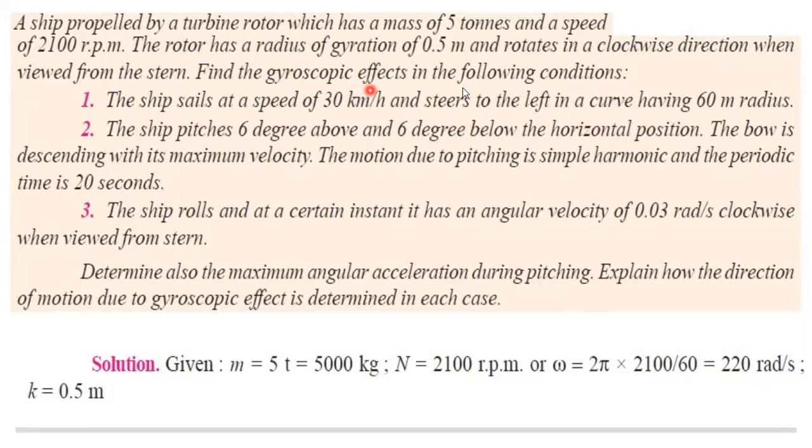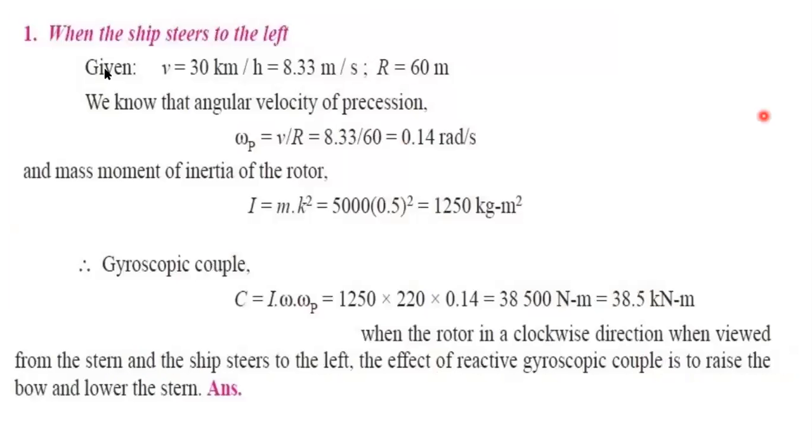Find the gyroscopic effect in the following conditions. The first condition is the ship sails at a speed of 30 km per hour and steers to the left, turning in a curve having 60 meter radius. So the ship is turning towards the left, going with a velocity of 30 km per hour.